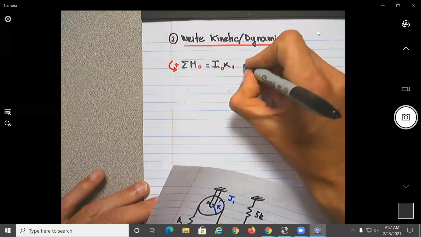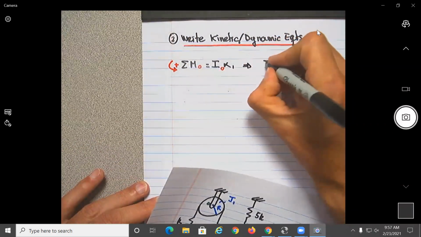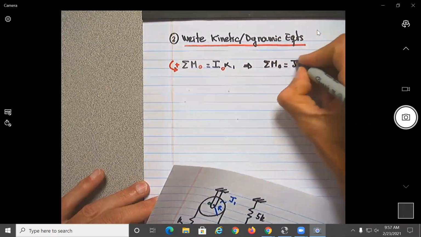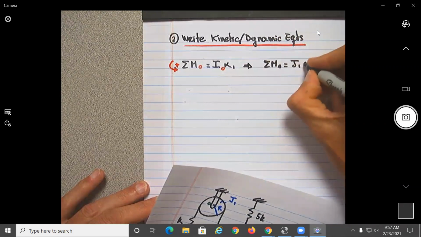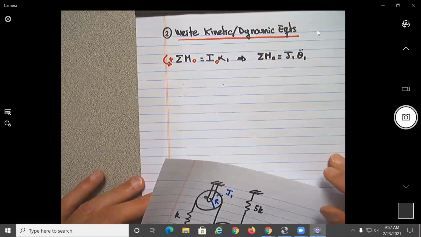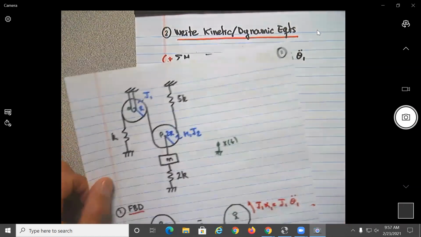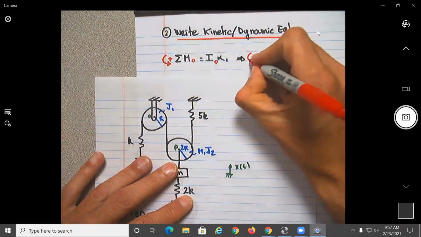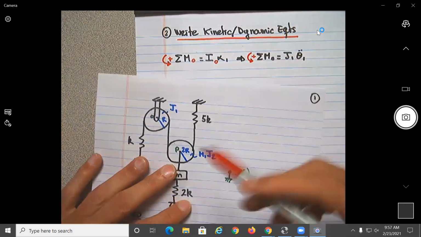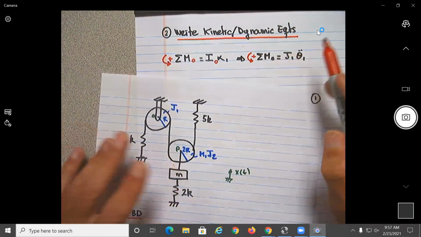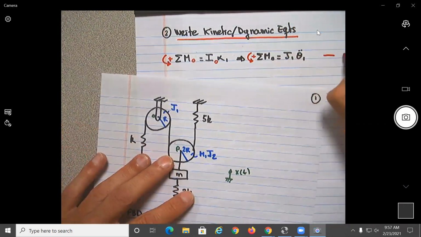But in our case, this is the same thing as saying summation of moments about point O, and the moment of inertia of that pulley is J1 theta double dot 1. Okay? And this will be our equation. So again, you need to specify the point and the direction and take positive to be counterclockwise. That's the normal notation, no? This will be our equation 1.